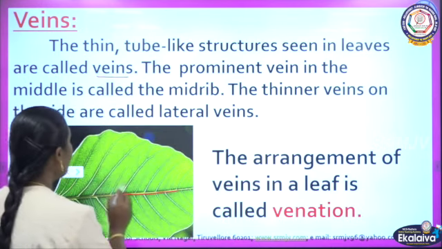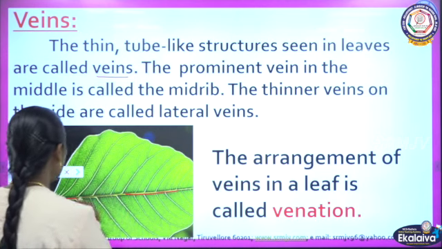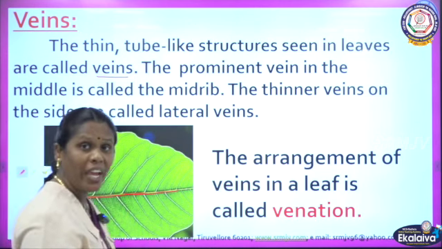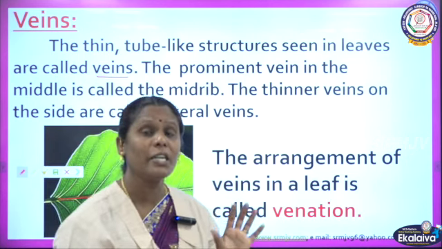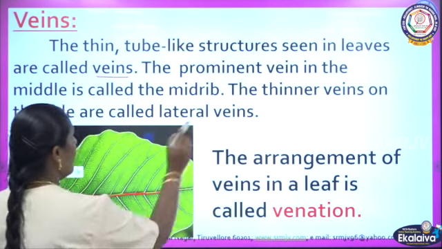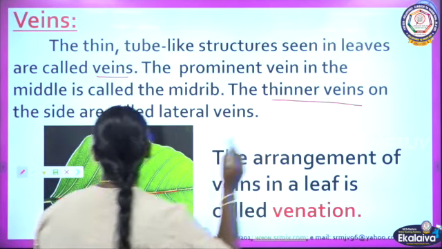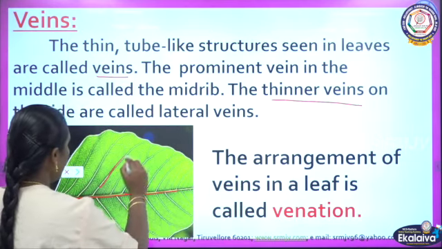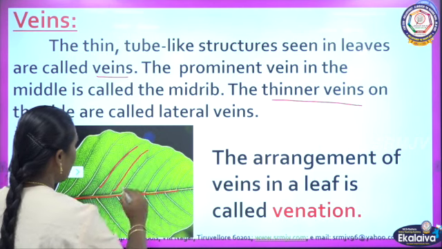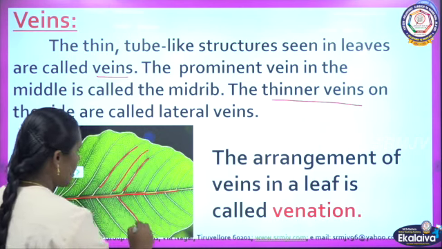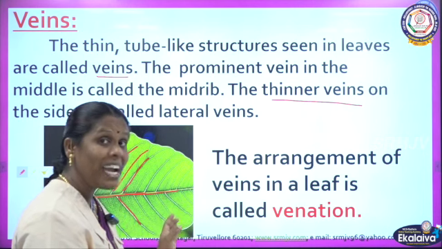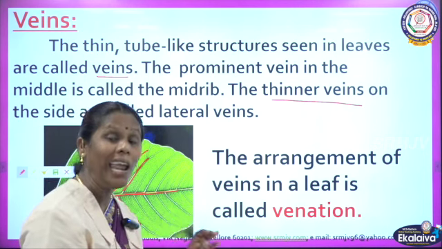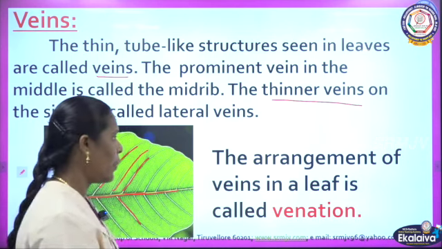The prominent vein present in the middle is called the midrib. Then the thinner veins present on the sides are called side veins or lateral veins, right.